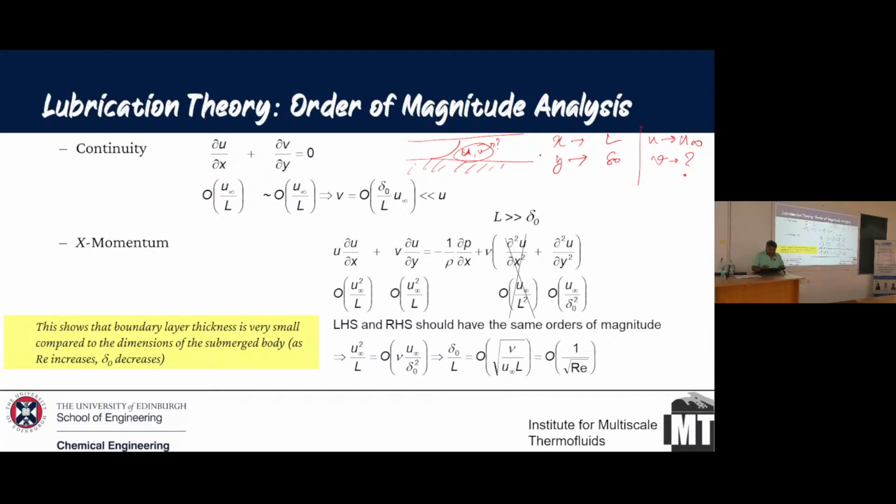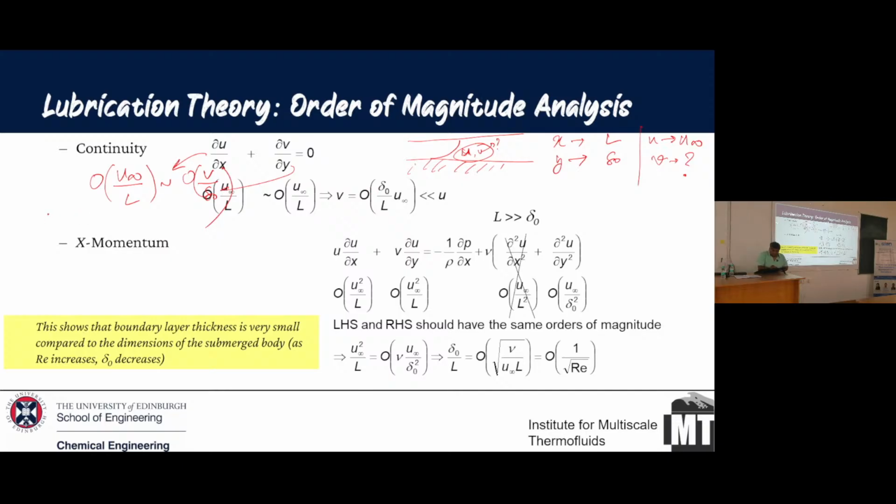So we can say that this one, del u by del x, is of the order u infinity by L. Here u corresponds to u infinity and x corresponds to L, and this is equal to, I don't know what order of velocity v is, divided by delta naught. Y is similar to delta naught.